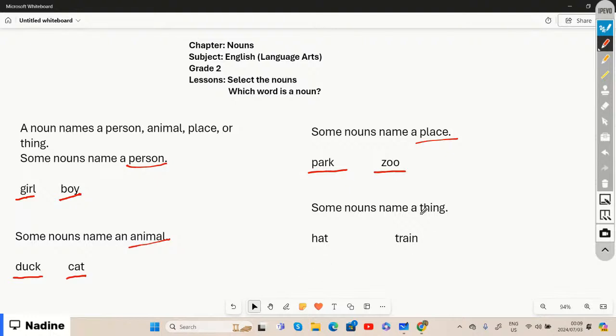And then some of our nouns names things. It can be hats, it can be trains, it can be beds, balls, tables, chairs, right? Those are all things.